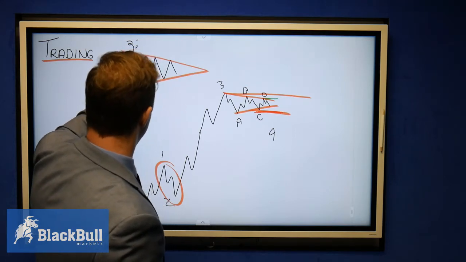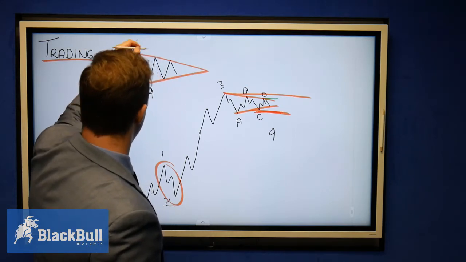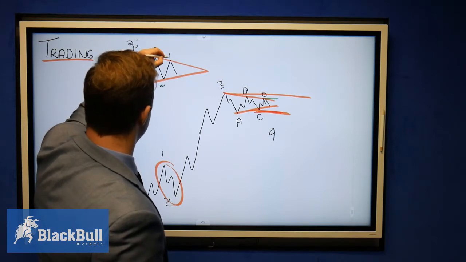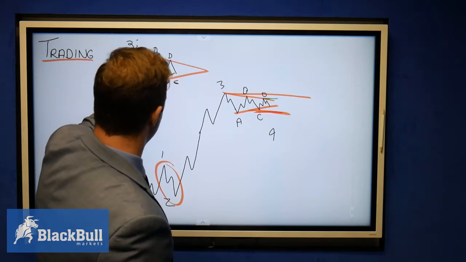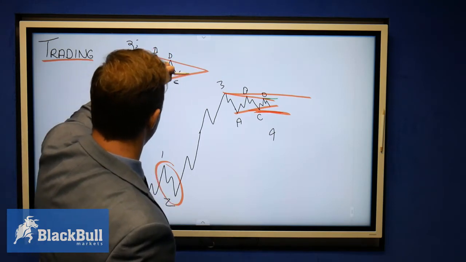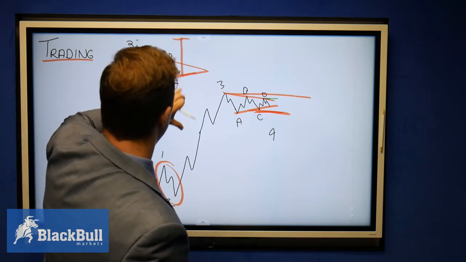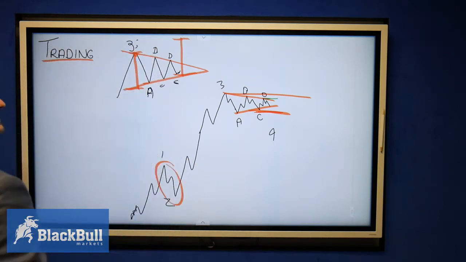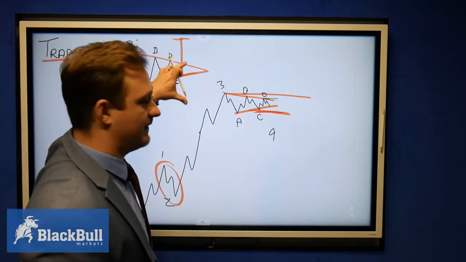Now we measure that structure and we place it at the end of our triangle structure. So if we have A, B, C, D, and E, we put it at the end of the E wave. We measure this and put it at the end of this E wave, and that is the potential target. So the same distance this is over here is generally where the fifth wave is going to end.